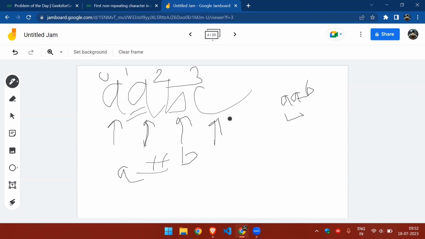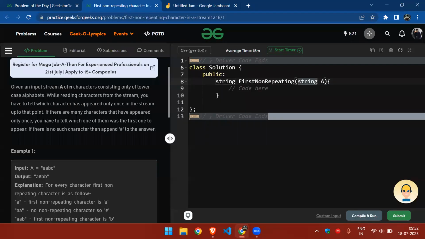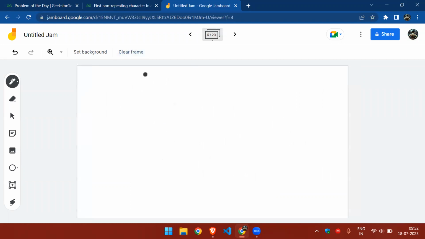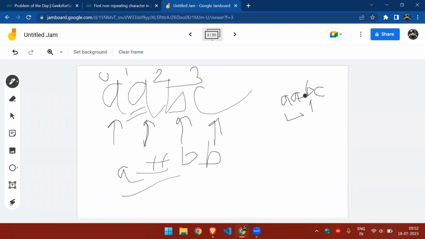Now moving on to C. We have C as a non-repeating character, but the very first non-repeating character is still B. So our answer is A hash BB. You can see that we had the non-repeating characters B and C, but we still chose B because it came first.